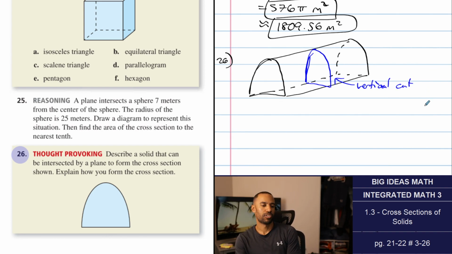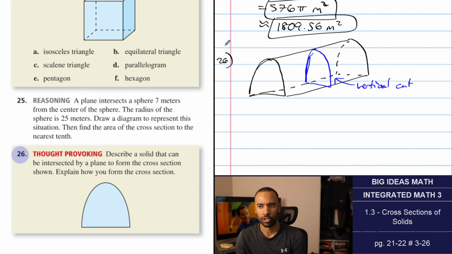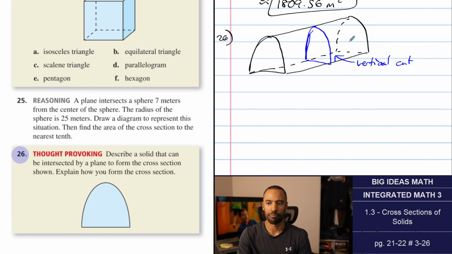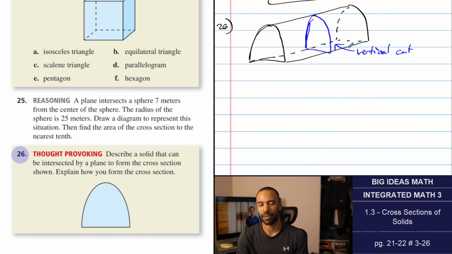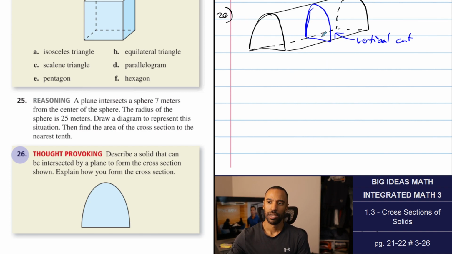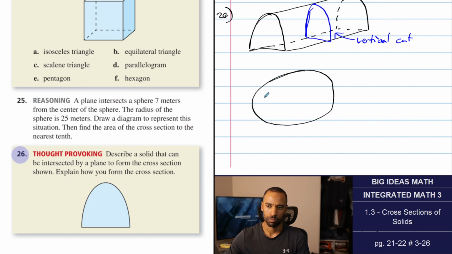Another version, and I guess it would still be a vertical cut, is a similar kind of shape, but more like half an egg, and not the way you probably think of it. Imagine that you have an egg, but it's half an egg, right?